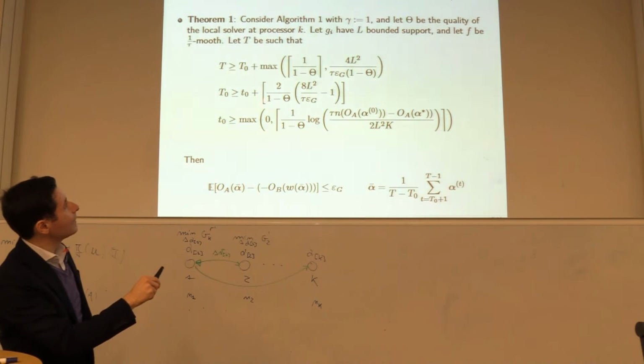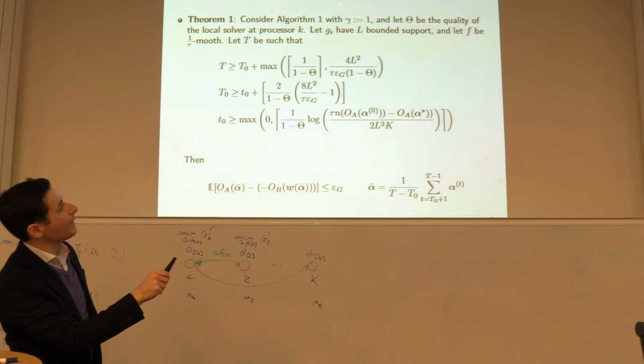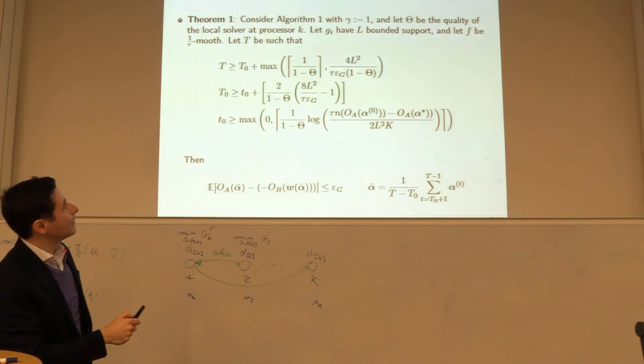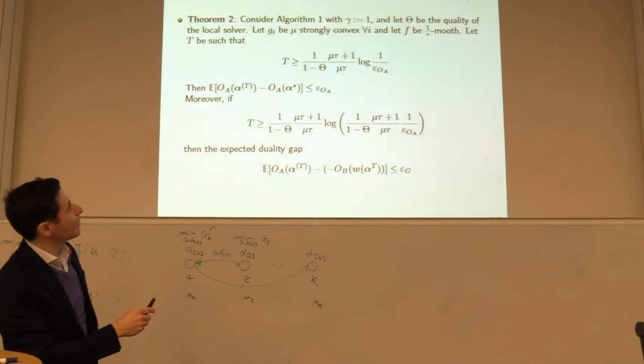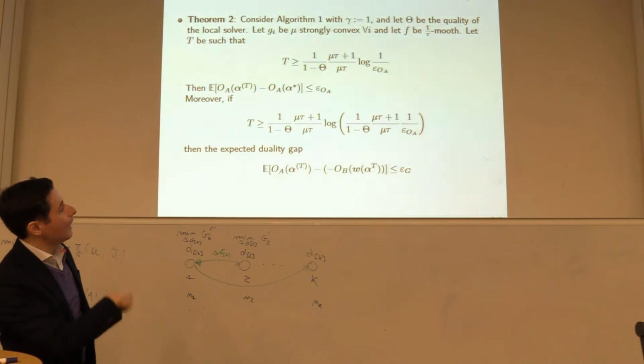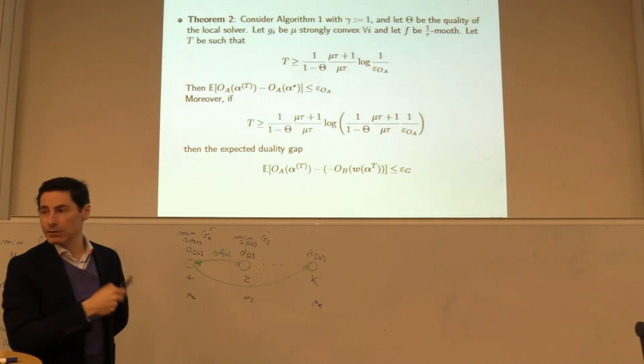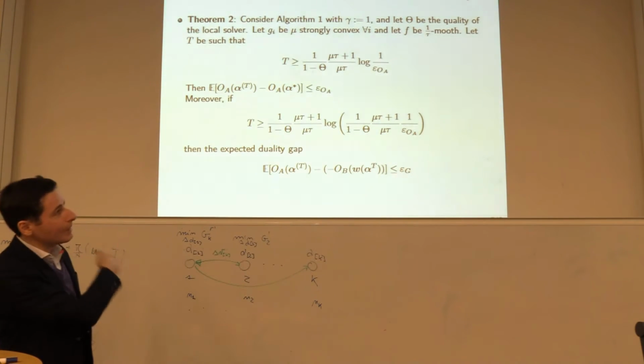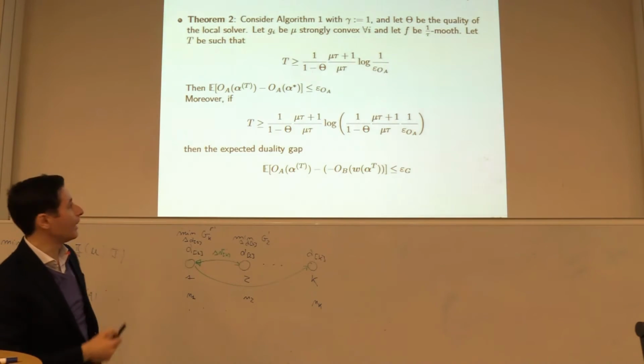And this result is derived for the case of convex GI and L-Lipschitz GI star. If I go forward here, there are other results for strongly convex GI and smooth GI star, and we would have another set of results. Now I don't have the time to comment on this, but it's along similar lines.